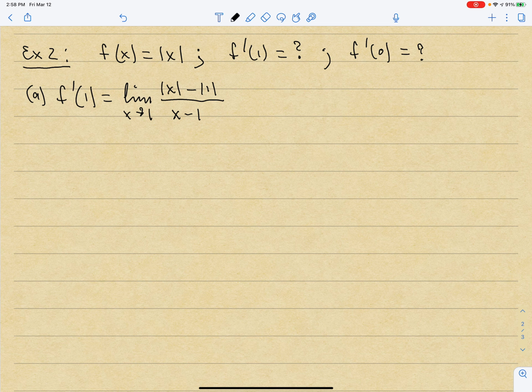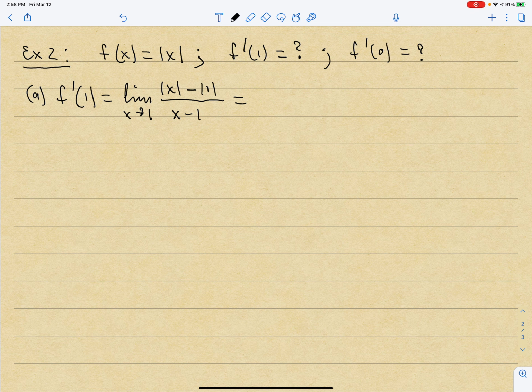So I need to simplify this because I don't know how to manipulate things with absolute values. Well, in this case, clearly absolute value of 1 is going to be 1, right? It's a positive number. And what about absolute value of x?